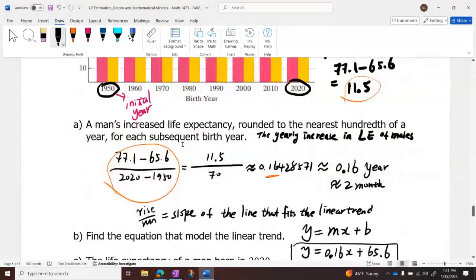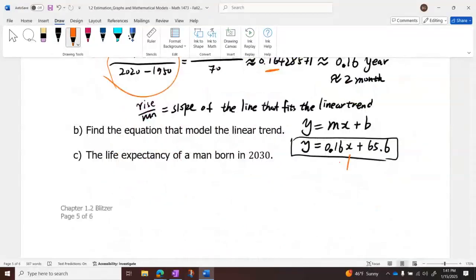Because if you let x be 0, y equals 65.6, right? So at the very beginning, the life expectancy for males is 65.6. This also shows you that x here is the number of years after 1950.